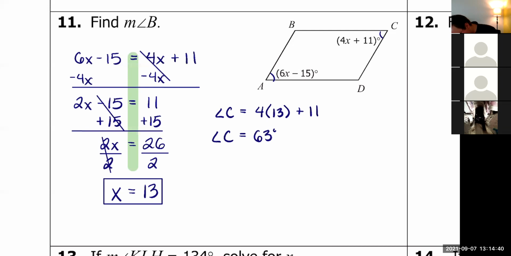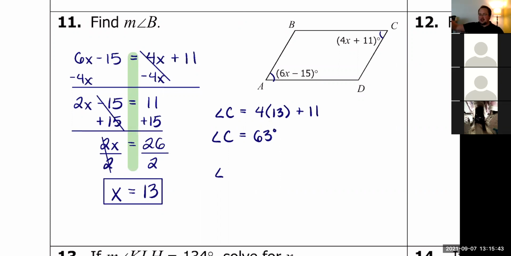Now be careful though. I need angle B. So, Ollie, you were saying 63 minus 180. That's what I was going to add.